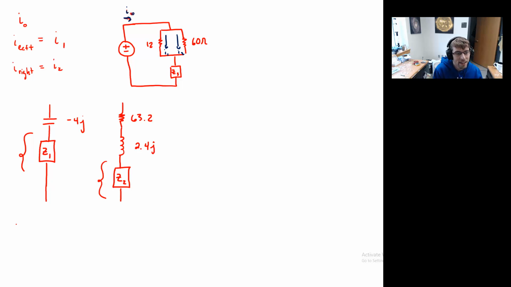Yeah, you got it. It would be something like what I called V left minus, let's say I'm doing the left-handed branch here. Okay. So V left minus the current, I1, times the impedance of the capacitor, so negative 4J. That would equal the potential drop across Z1.